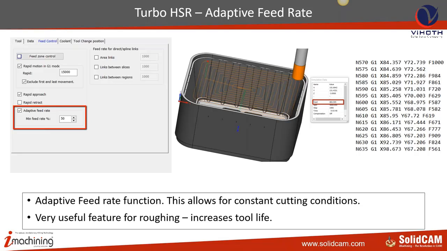In most cases, it will only drop it down because 100% is my actual feed rate. So let's say it's going in a corner. There, it will automatically drop the feed rate based on the engagement it is getting with the part geometry. So this is a very useful feature for inserted kind of cutters. It increases your tool life, and also provides a constant cutting condition.